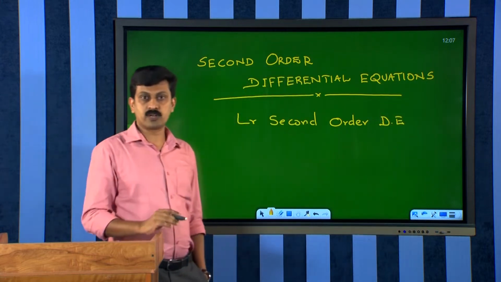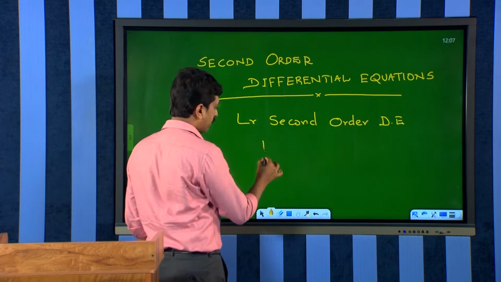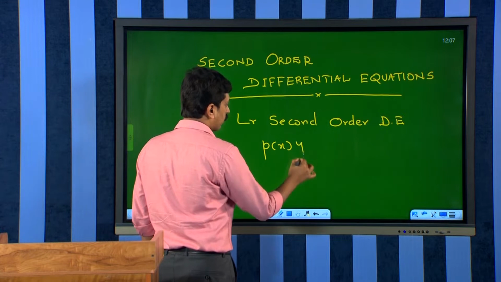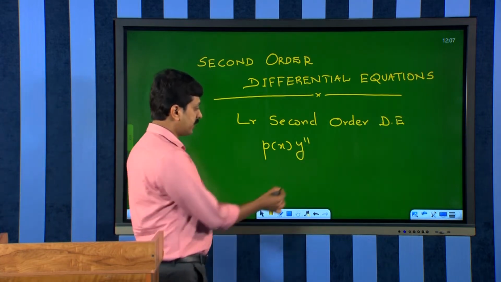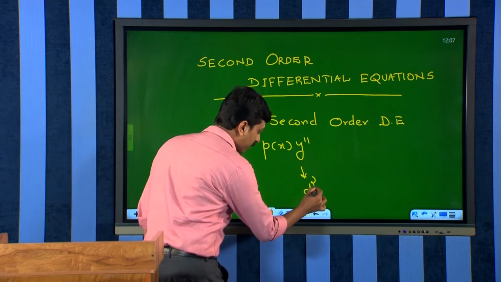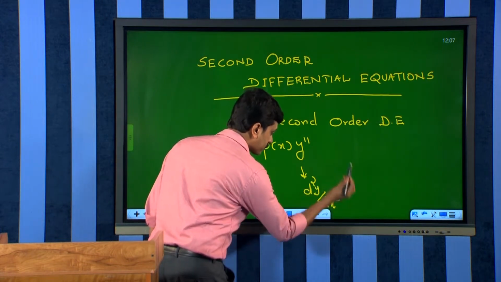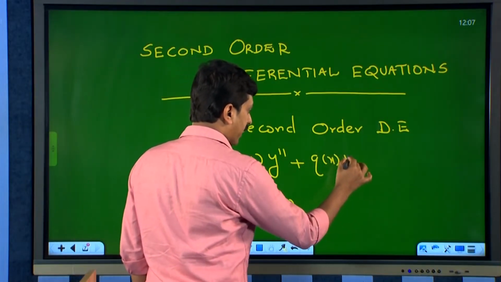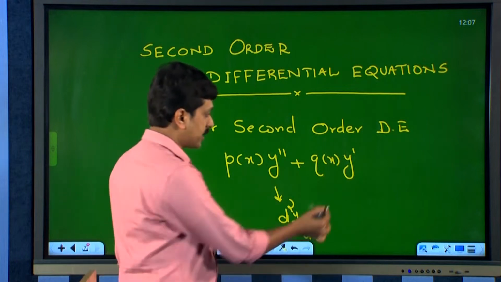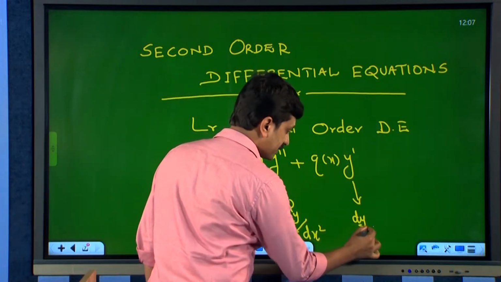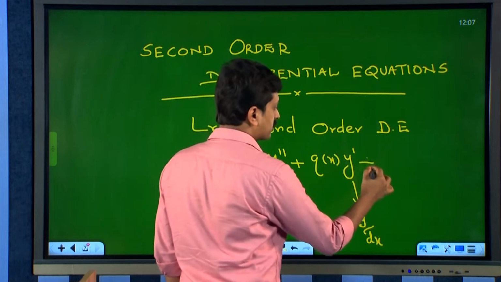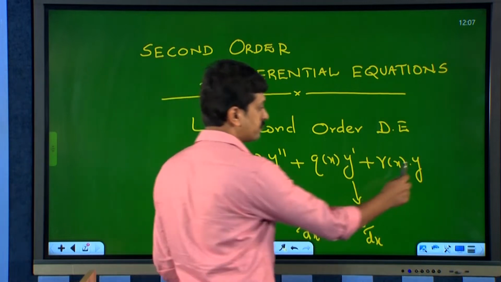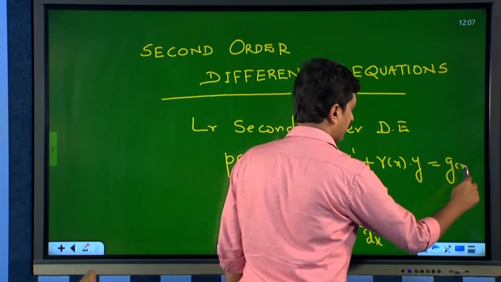My dear students, suppose we have a differential equation of the form p of x y double dash, where y double dash stands for d square y by dx square, plus q of x y dash, where y dash stands for dy by dx, plus r of x into y is equal to some g of x.